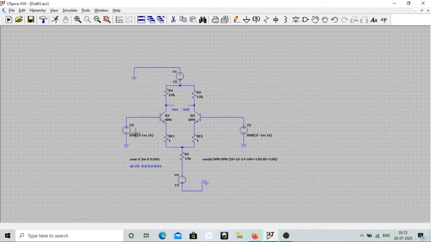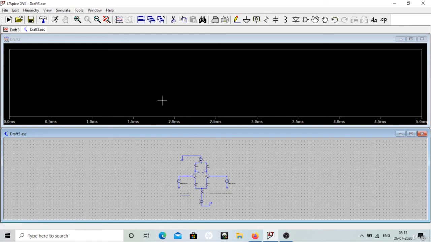If you remember, we apply the same input here also, but we keep the amplitude negative: Vd by 2 and minus Vd by 2. So I am removing the half parameter, but the negative sign is important. Let's run it and look at the output.